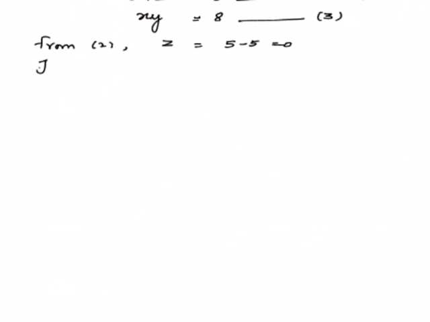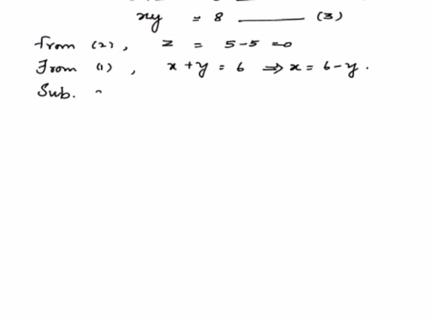Now, from 1 we get x plus y is equal to 6, which implies x is equal to 6 minus y. Now, substitute this in the third equation.